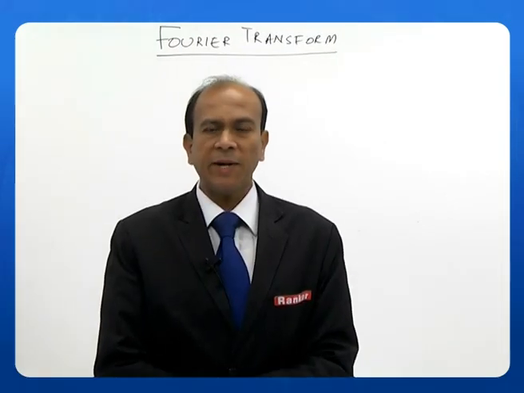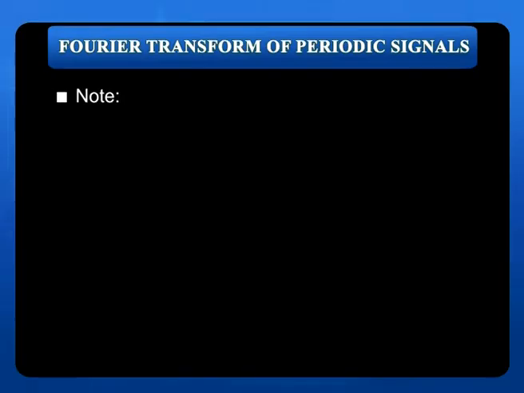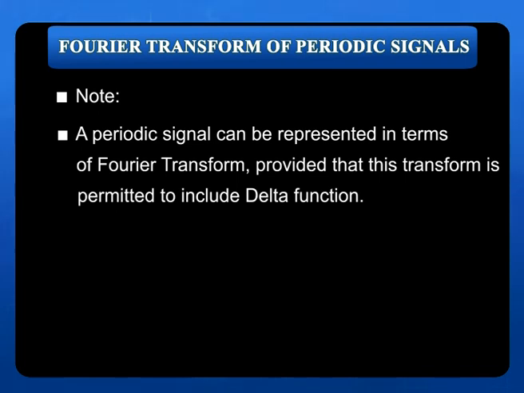Now, let us see Fourier transform of periodic signals here. A periodic signal can be represented in terms of Fourier transforms, provided that this transform is permitted to include delta functions. The Fourier transform of a periodic signal consists of delta functions occurring at integer multiples of the fundamental frequency 1 by T naught, including the origin.